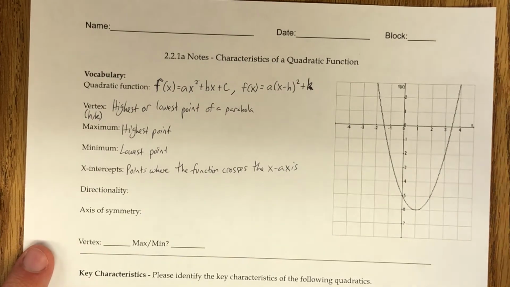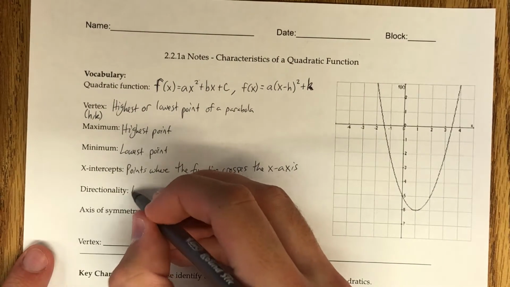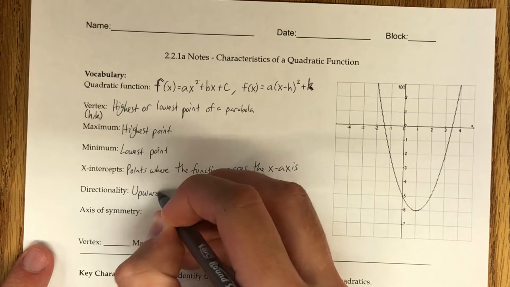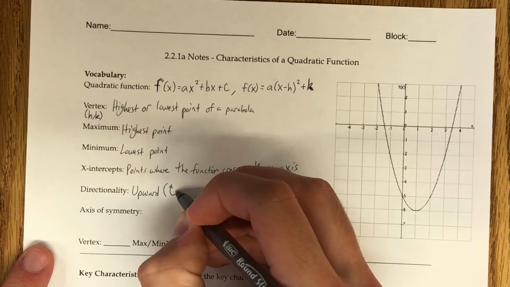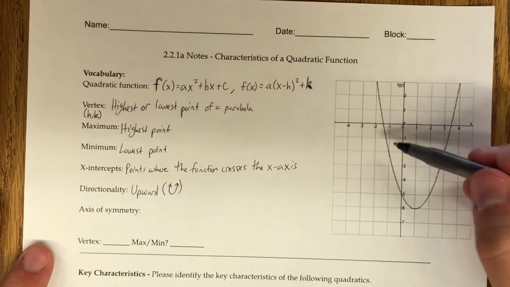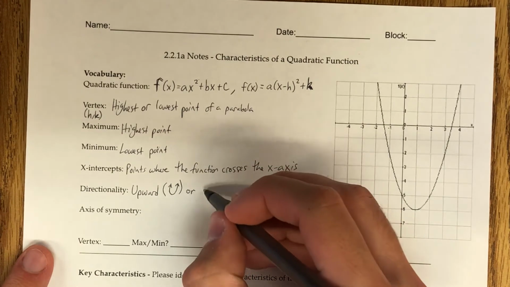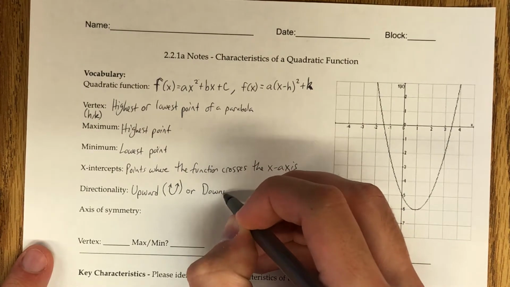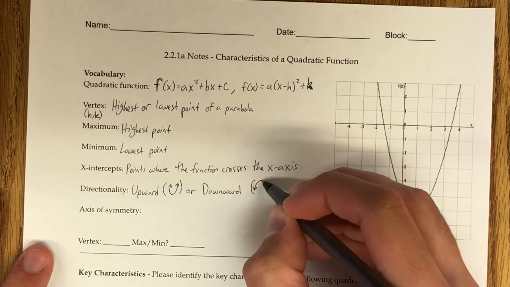The directionality refers to the direction of your quadratic function, of your parabola. There are two options. It either has upward directionality, pointing up, like the one over here, or you have a downward facing parabola, which is just the opposite. The arrows are pointing down.